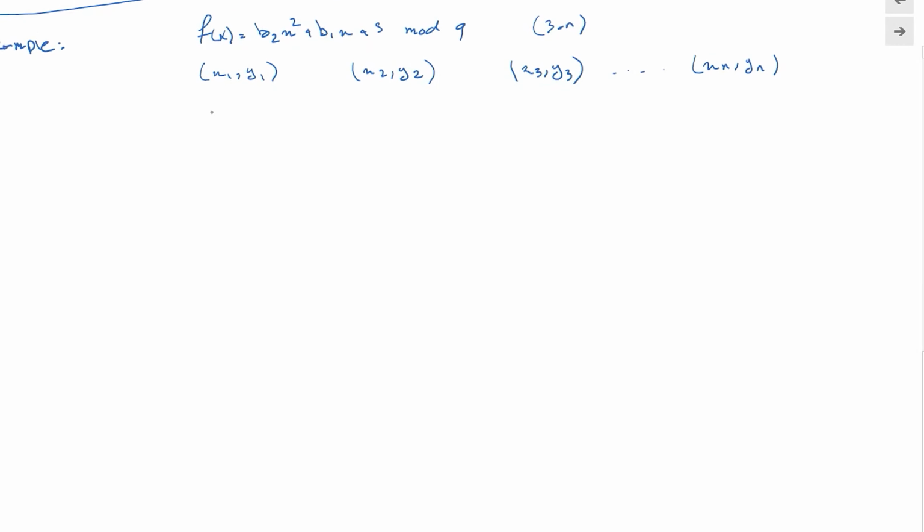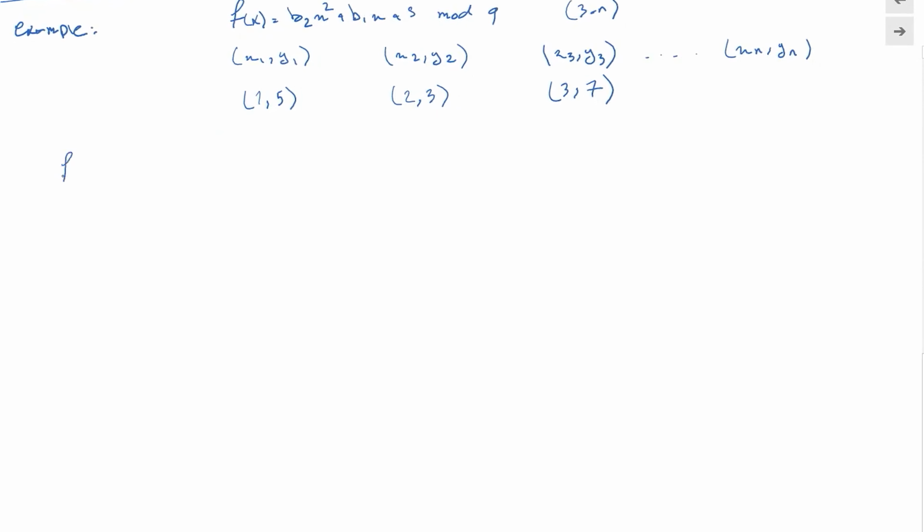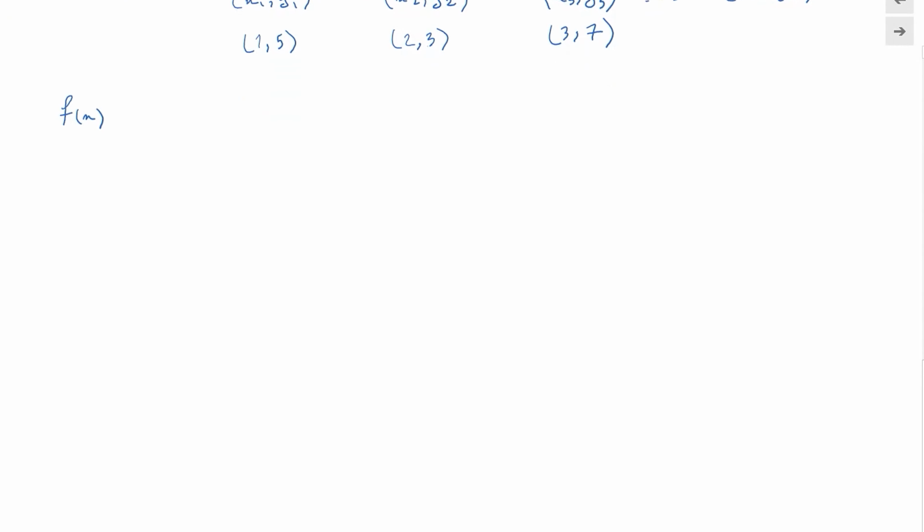Suppose that after we plug in, the values we get are: when I compute f of 1, I get 5. Compute f of 2, I get 3. I compute f of 3, I get, let's say, 7. And so on and so forth. So according to this formula, I can recover this function f of x by having 3 points over here.